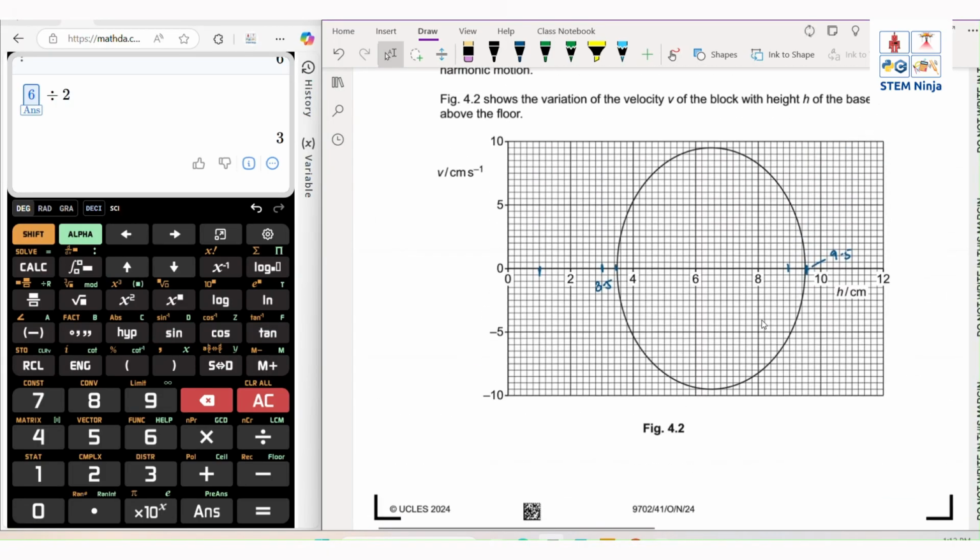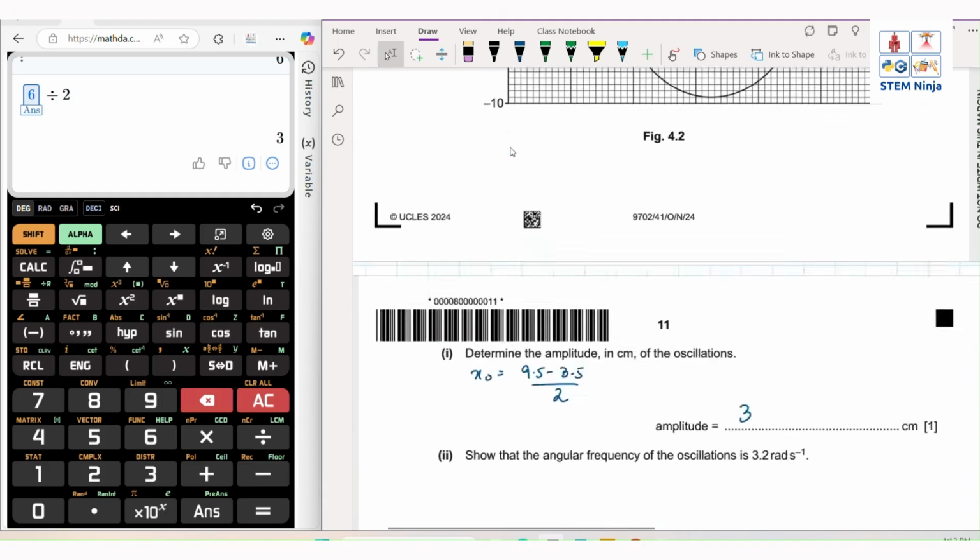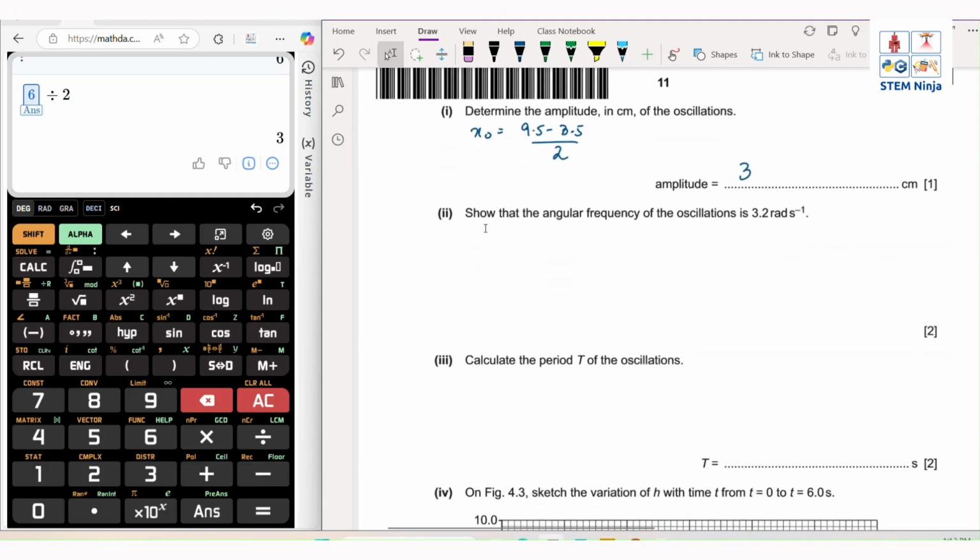Okay, so the highest velocity is omega x naught, which is 9.5. So omega is 9.5 over x naught, which is just 3.